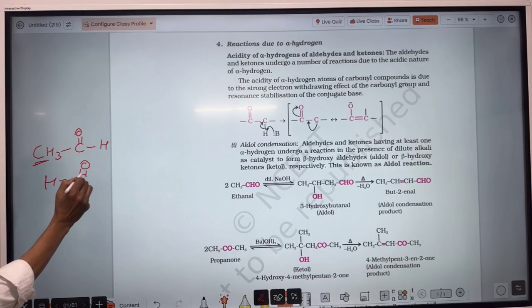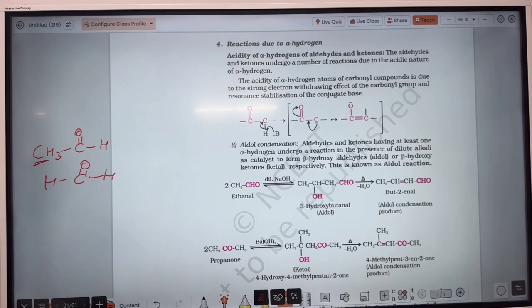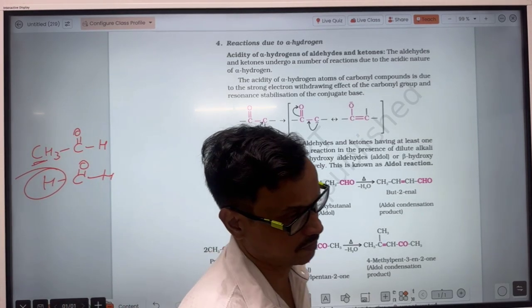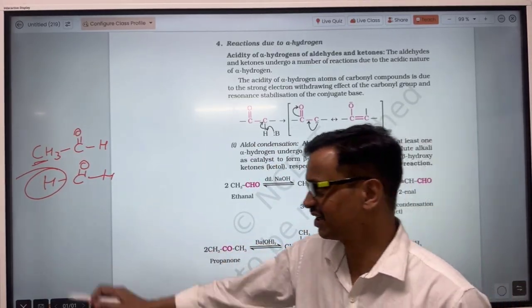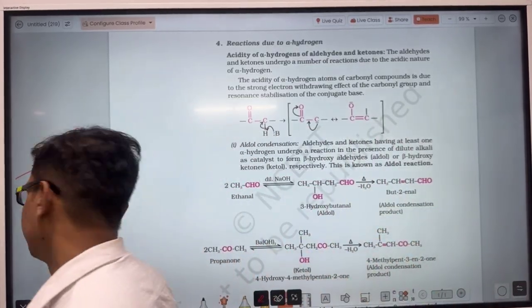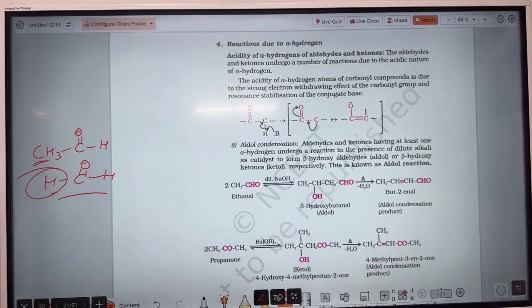But this aldehyde, methanal, will not show the aldol condensation reaction because there is no alpha hydrogen. This hydrogen is not an alpha hydrogen. That's why methanal will not show the aldol condensation reaction.